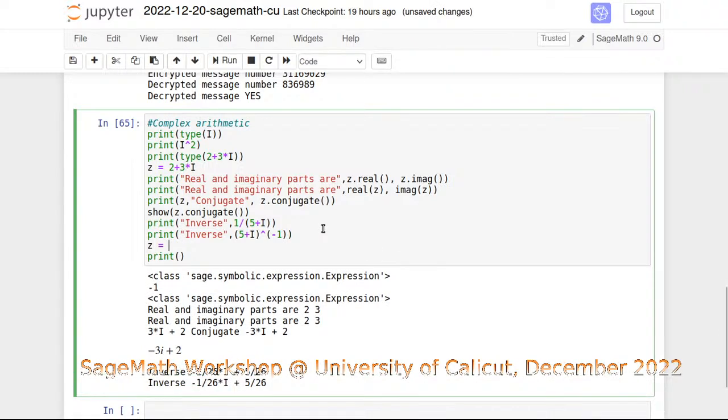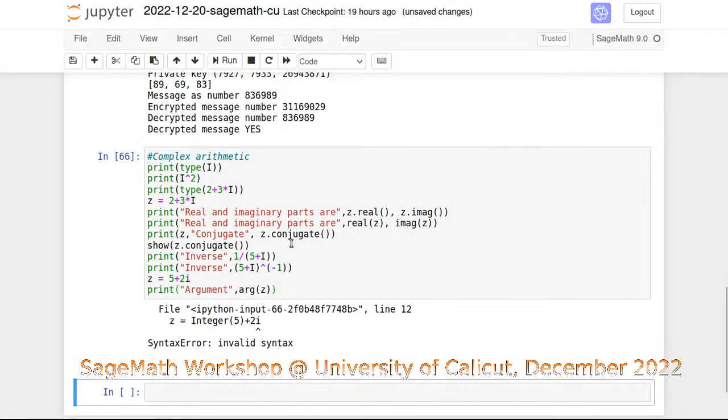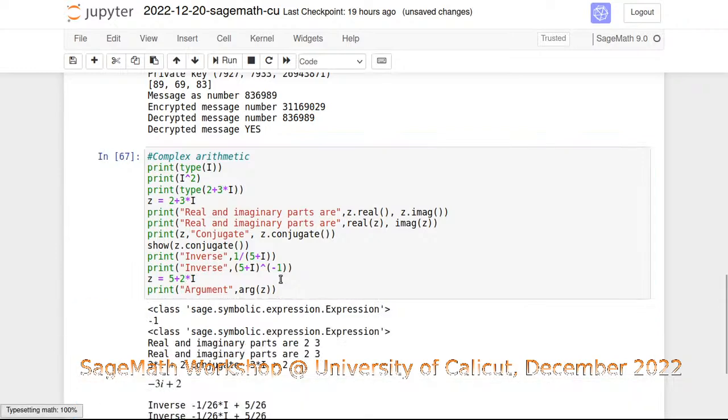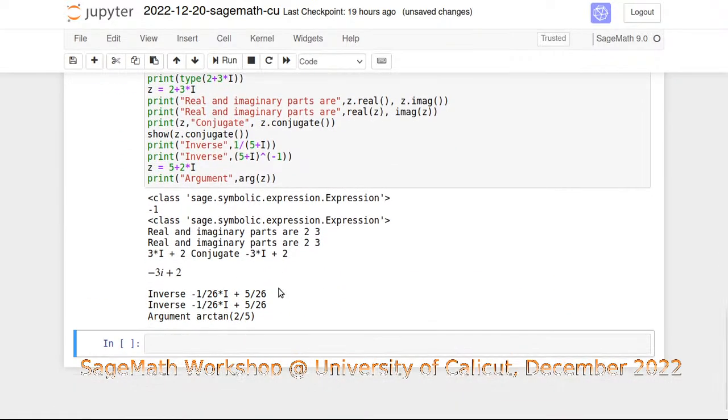So let us choose z to be equal to 5 plus 2i. So argument of z. This is tan inverse 2 by 5, is what it says.